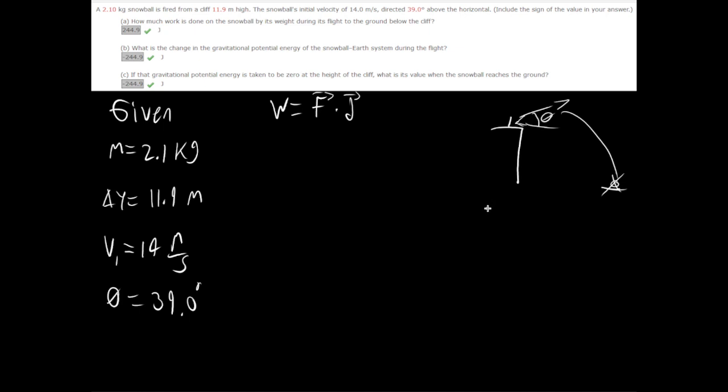Now it says work done by gravity. So it doesn't actually want the other work. So just the work done by gravity is going to be mass times gravity times the displacement times delta y. So mg, well, cosine theta.